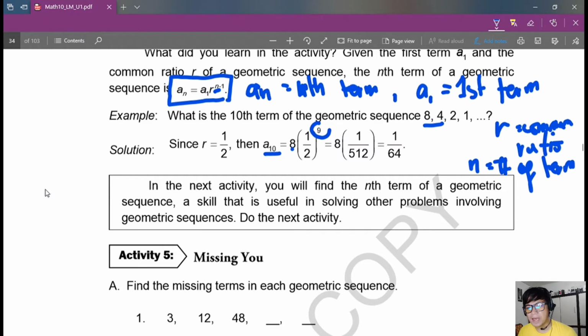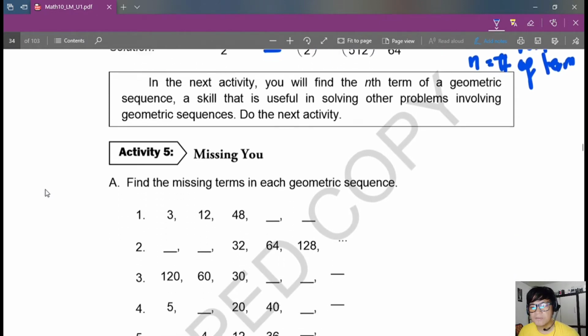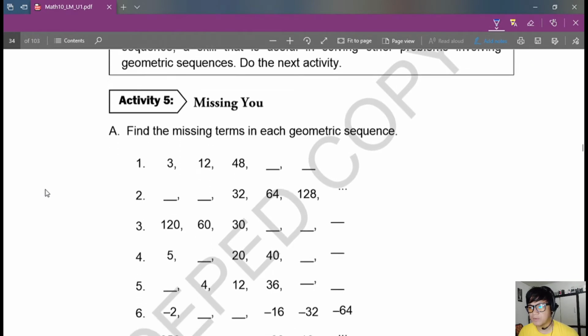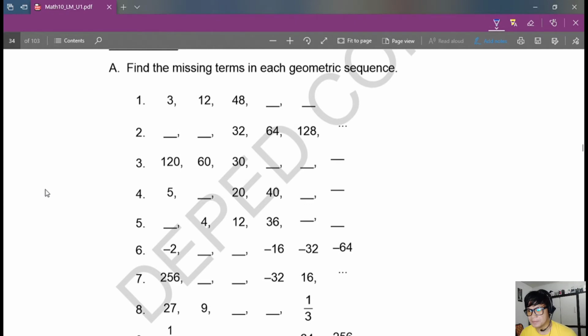Okay, so we will have here an activity. We will find the missing terms in each geometric sequence. Okay, so identify the next term. We need first to identify the common ratio. So what is the common ratio here?